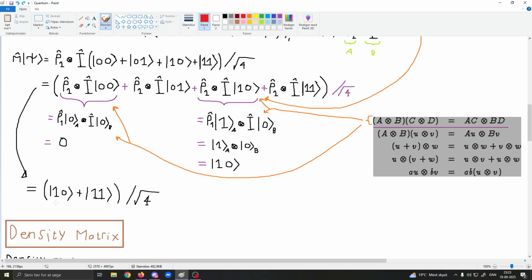This tells us that if Alice does a projective measurement, so performs a measurement which makes her qubit's wave function collapse into the state 1, then the remaining quantum system will become this system. Because the first qubit is Alice's and she measured it to be 1, the other qubit corresponding to Bob's qubit is either 0 or 1.